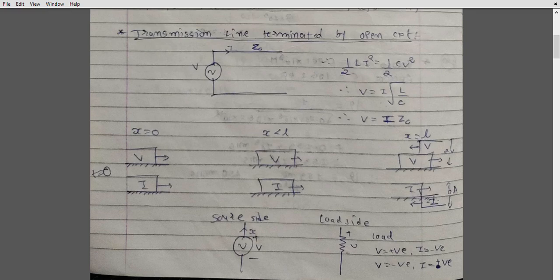Now we will show from the theoretical consideration later on that the backward traveling wave of current is accompanied by a backward traveling wave of the voltage, but their polarities are different. As you can see here, the polarity of V is plus, but the polarity of current will be negative.